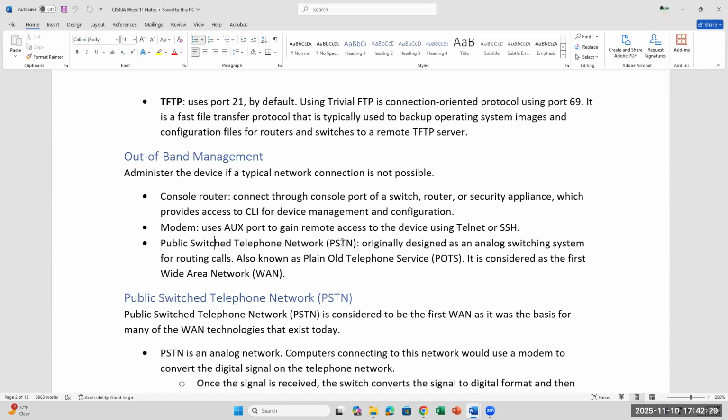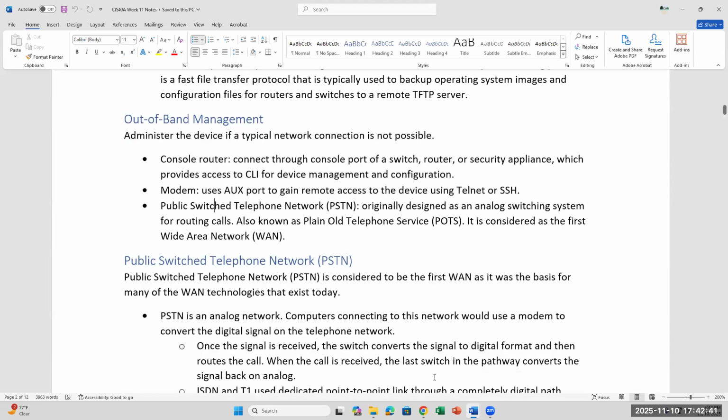Later on, they converted that to an analog-based type of switch, and eventually those went away. Now we have everything digital for voice over IP.